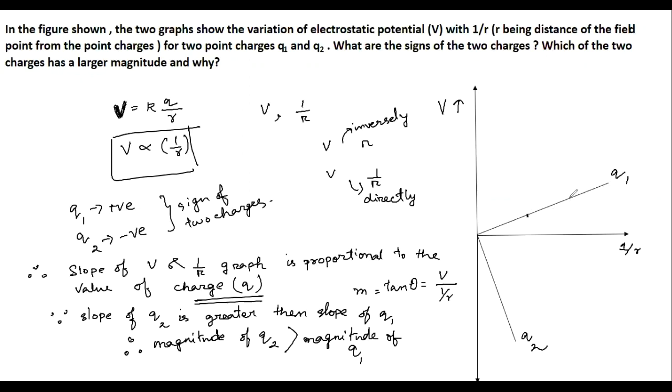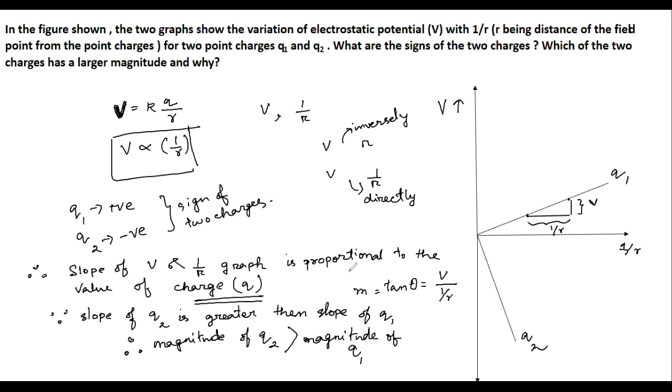Let's say you have considered two different points, and you draw a triangle there. This is one side, and this is the other side. This particular part will give us the V value, the potential part, and this particular part will give us the 1 by R value.